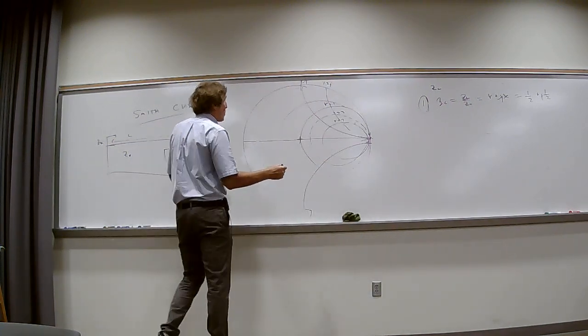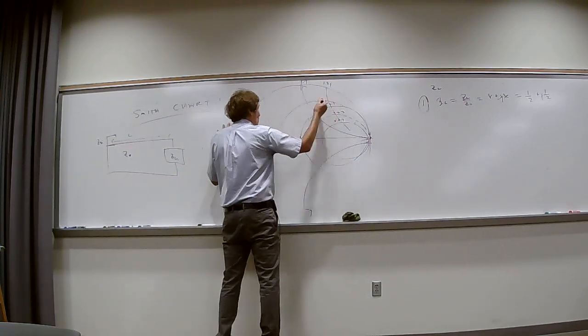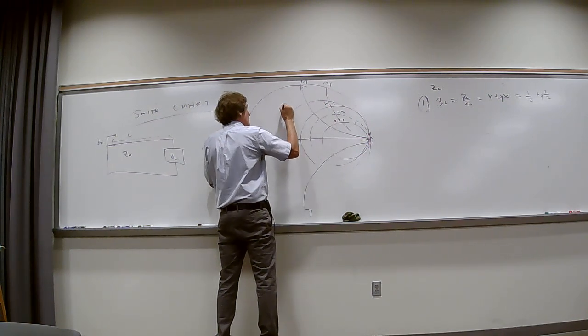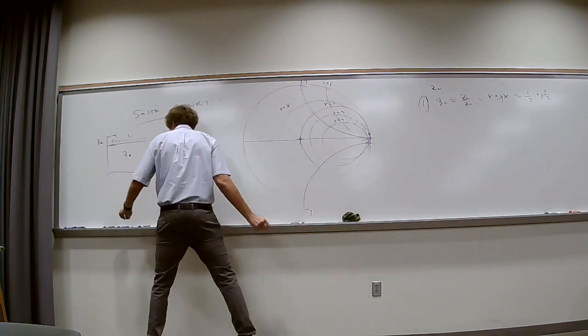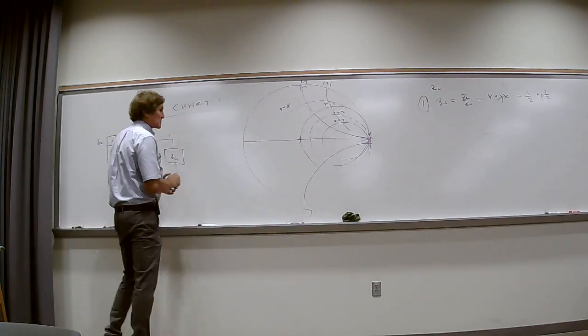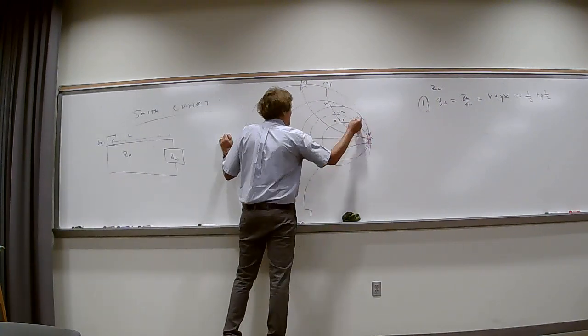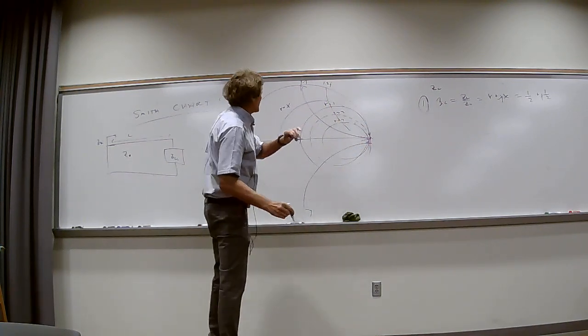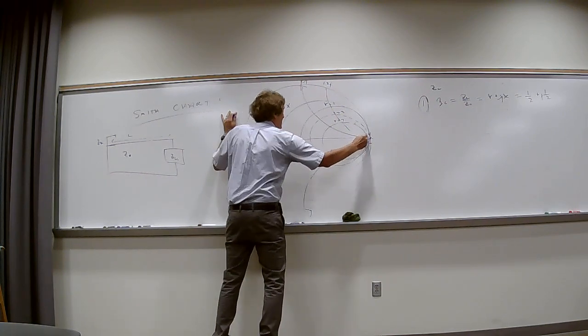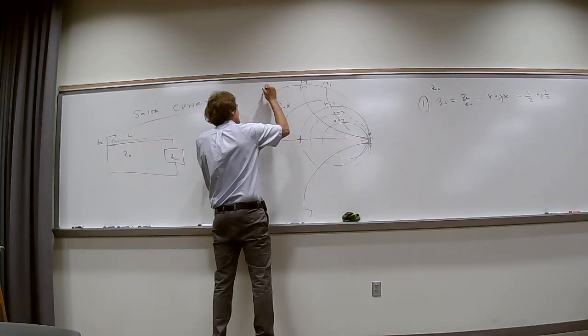If I do that, the 1/2 circle for R is about here. You're going to see R equal 1/2 here. It's this circle, about. And then J 1/2. Well, this is J1. J 1/2 is going to be about here.